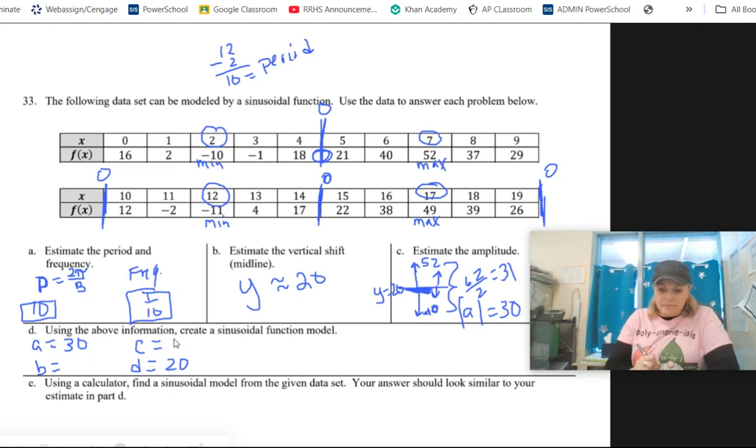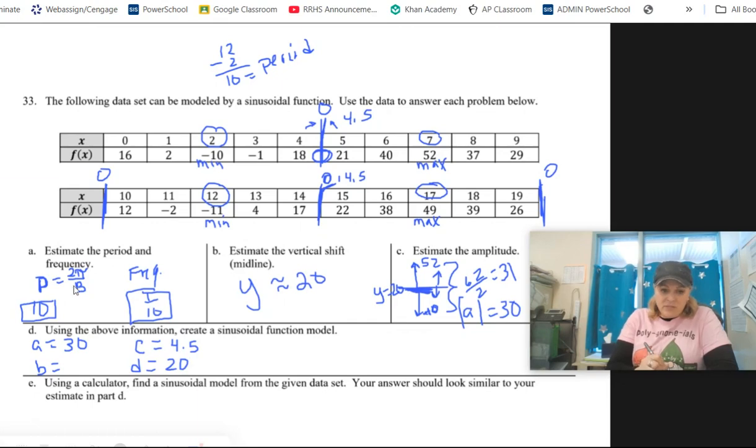C is how much it moved left or right, and it's at those 0 marks. So it probably went between here and here, about 4.5. Seems like a reasonable shift. It wasn't at 0, 0. It was at like 4.5. And then it seems to repeat here as well, like 14.5. So I'm going to say my C term is roughly 4.5.